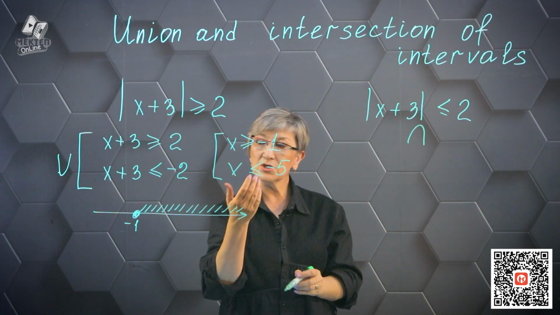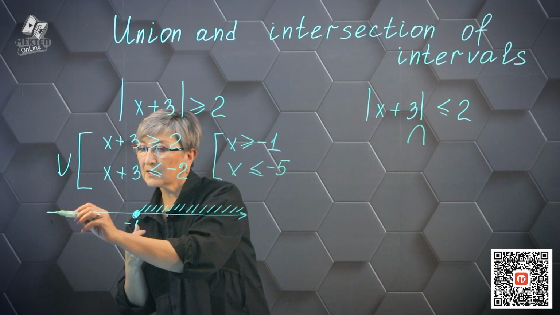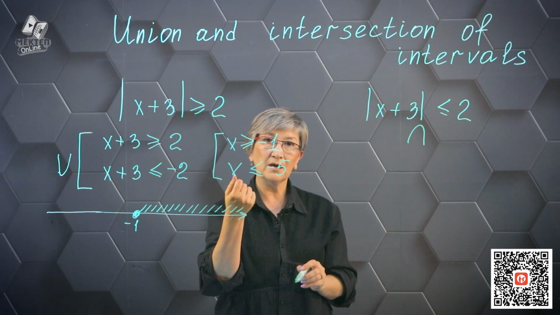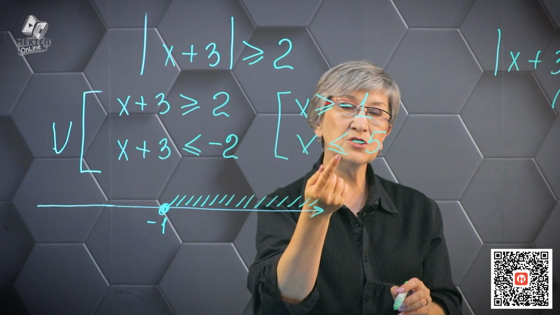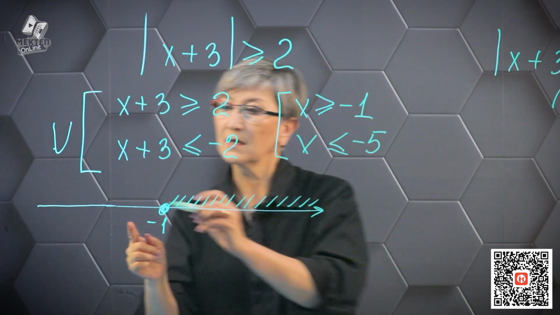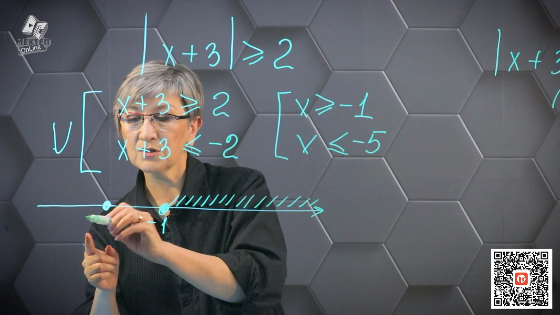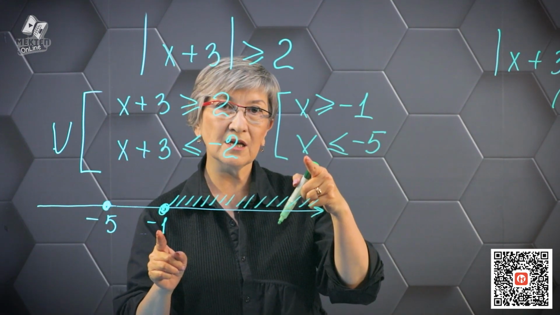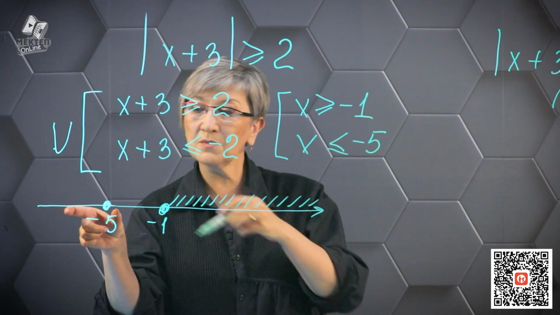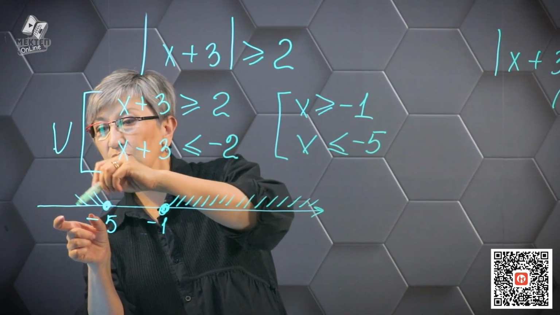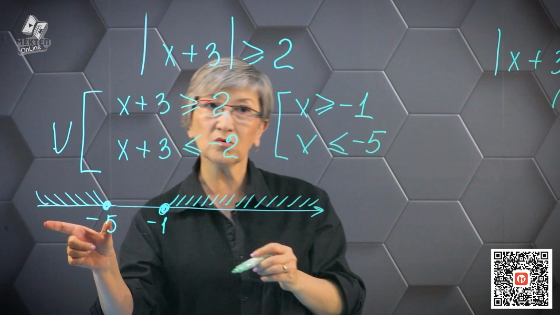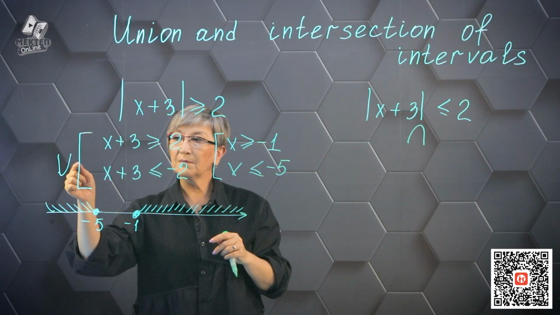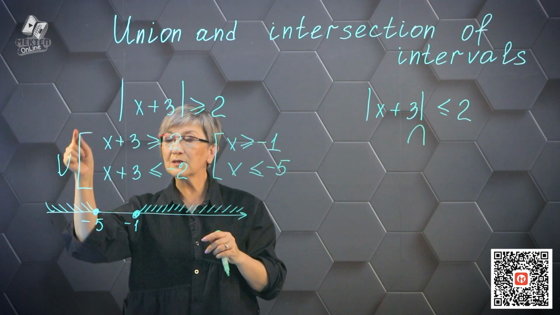And in the second inequality, I have to show the solution to the second inequality on the same coordinate line. And in this inequality, x is less than or equal to minus 5. Minus 5 is to the left of minus 1. And all values of x that are less than minus 5 will be to the left of the number minus 5. But in order to write down the answer, I note that this is a set of inequalities.